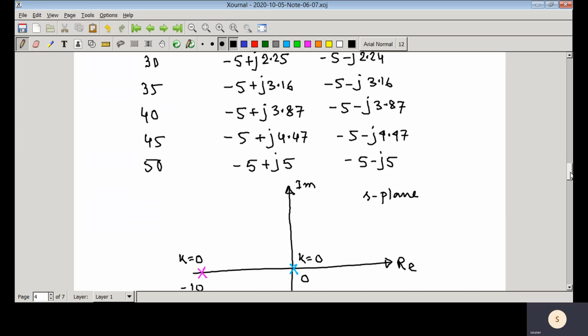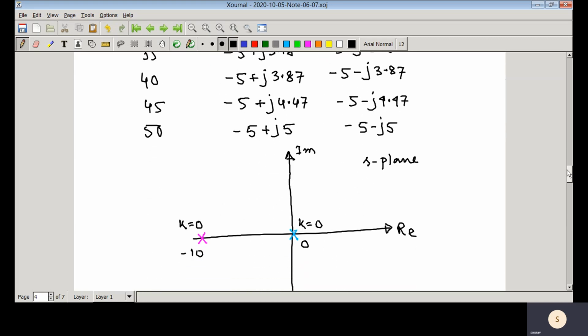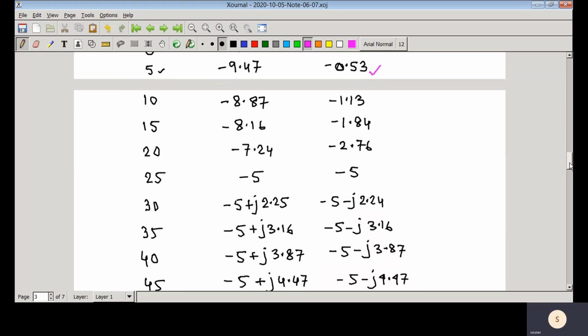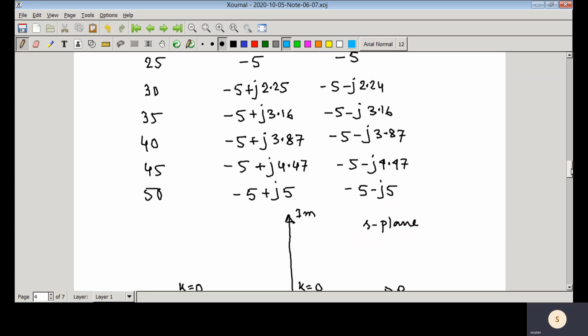So now we can see that whenever k is increasing, at 5, this pole becomes minus 9.47, so it is moving along that direction, and the other pole is minus 0.53, moving like that.